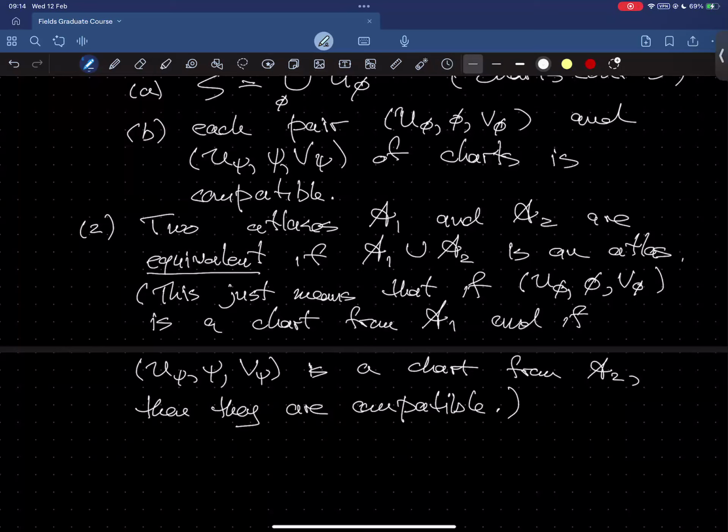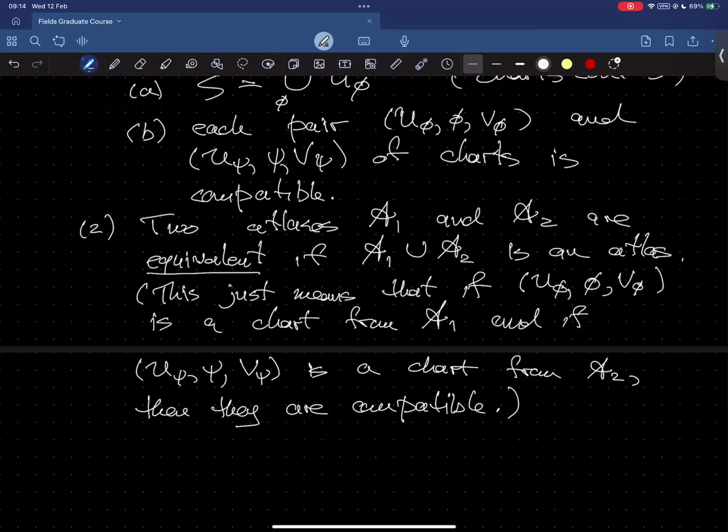Let's think again about the common English usage of the words charts and atlases. This means that if you cover your region with a collection of charts, and each of the charts you've chosen is compatible with one another, and then I choose another collection of charts that covers the same region, and mine are all compatible with one another, then when we take our two collections of charts and staple them together in the same book, the resulting thing is again an atlas.